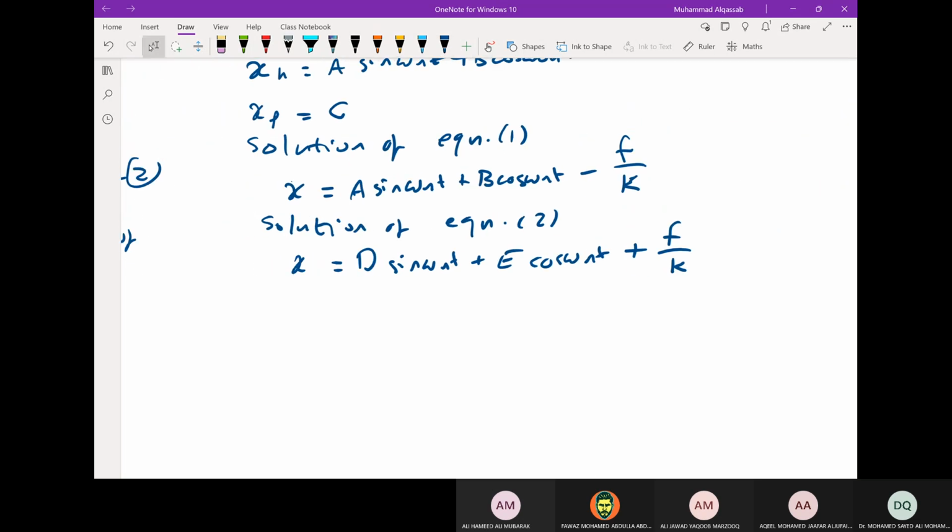I did this for a reason, to show you that the frequency of oscillation, as we mentioned in viscous damping, will be either omega d for underdamped, or 0 for overdamped or critically damped, because they have no oscillations.